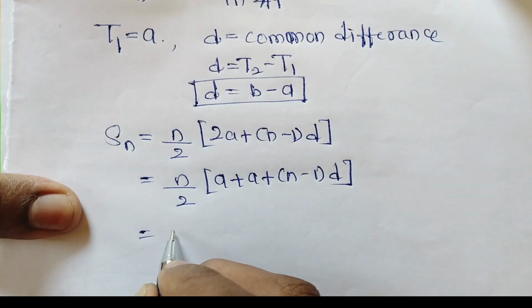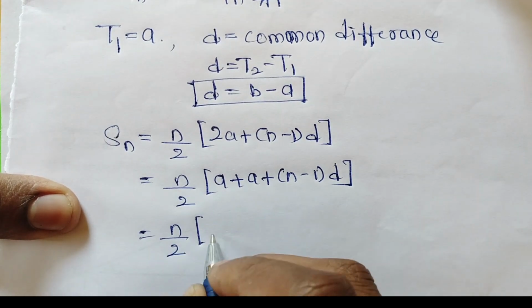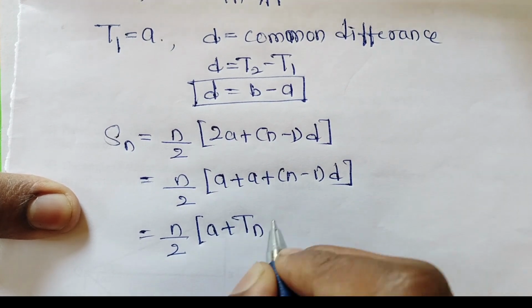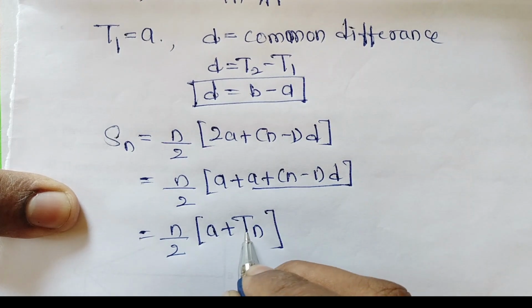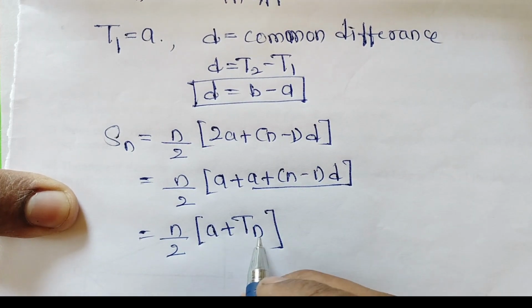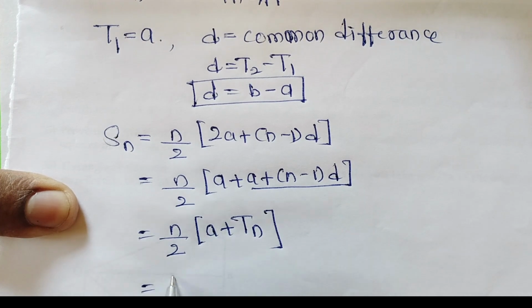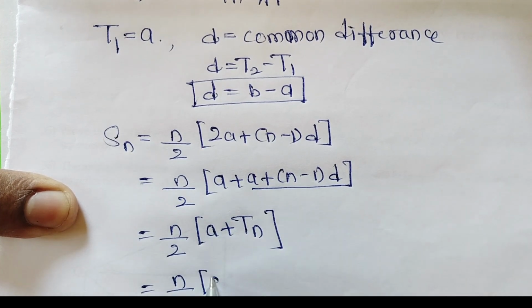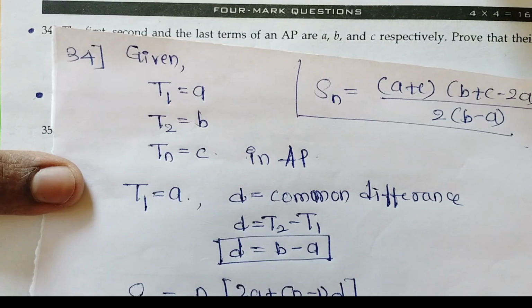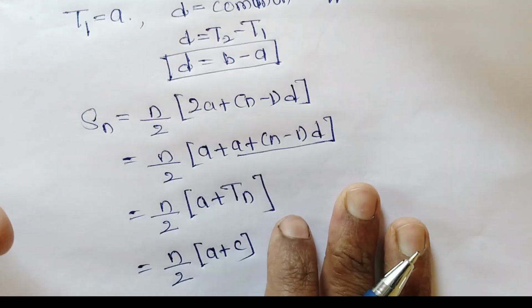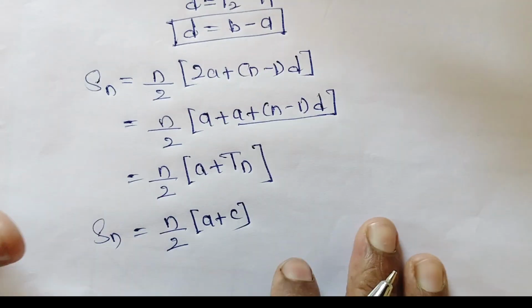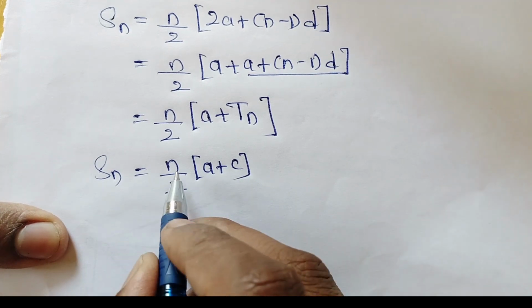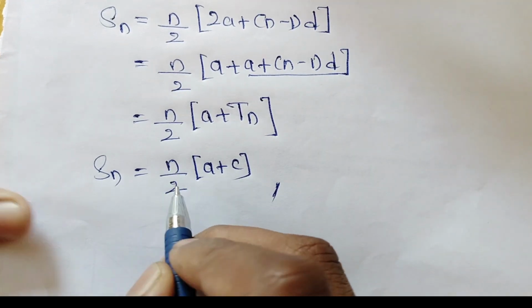So it can be written as n by 2 into (a plus tn), where a plus (n minus 1)d stands for tn, the nth term. Here tn is c, the last term. But here we don't know n.